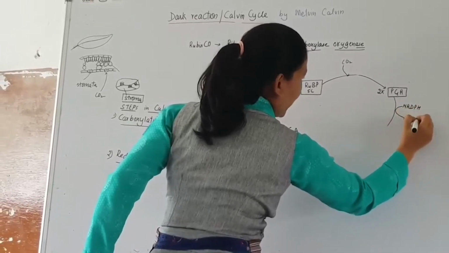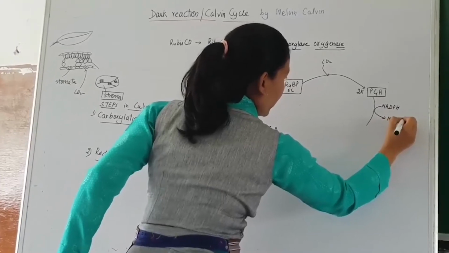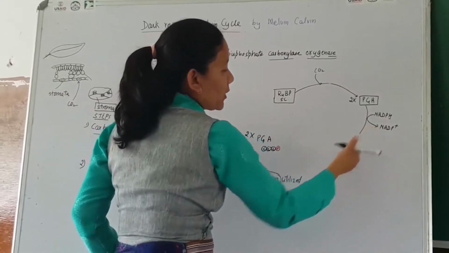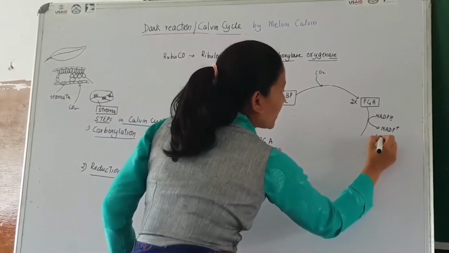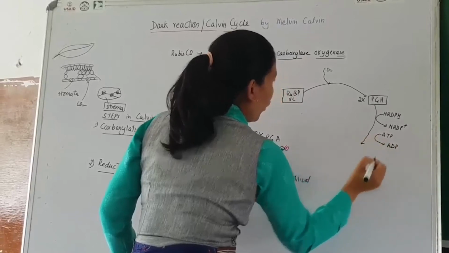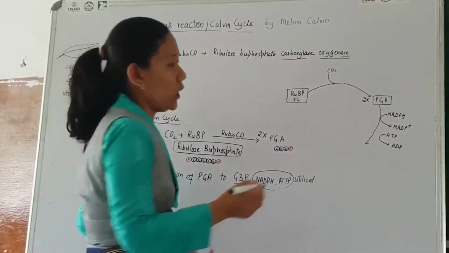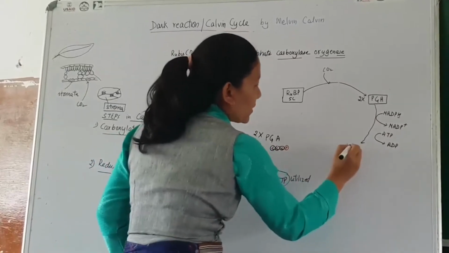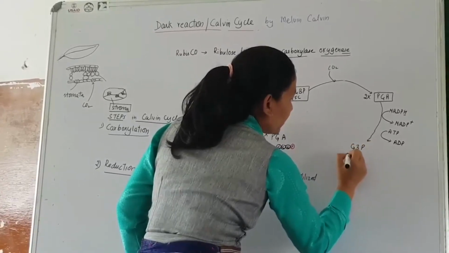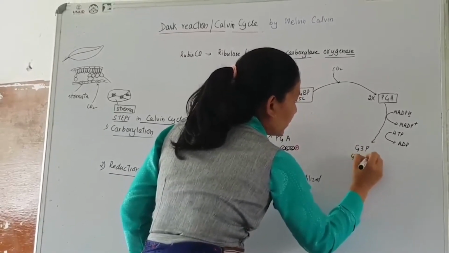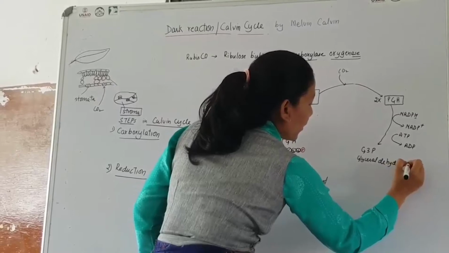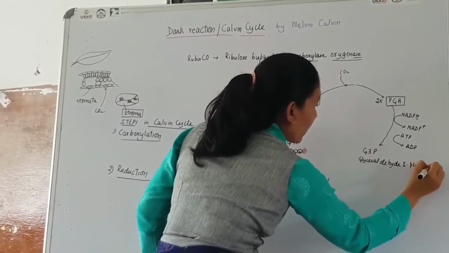So the hydrogen from NADPH is utilized, we get NADP, and we also utilize ATP to form another type of sugar, which again is a 3-carbon compound: glyceraldehyde 3-phosphate.